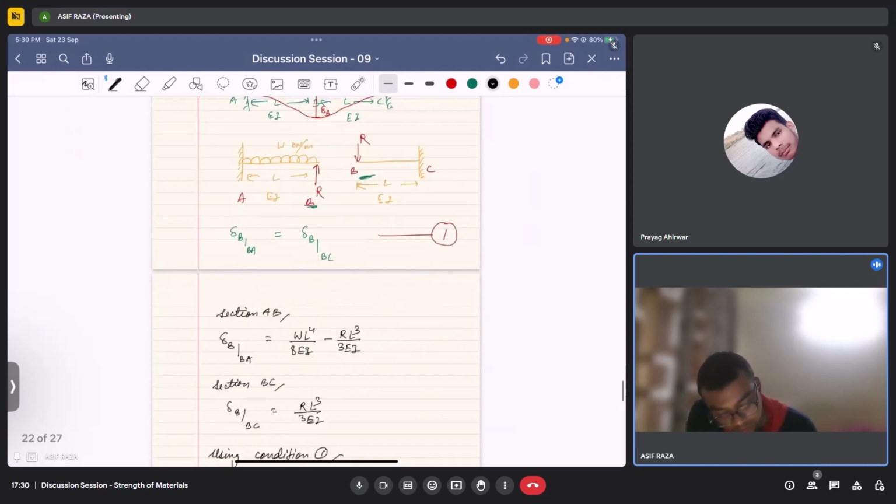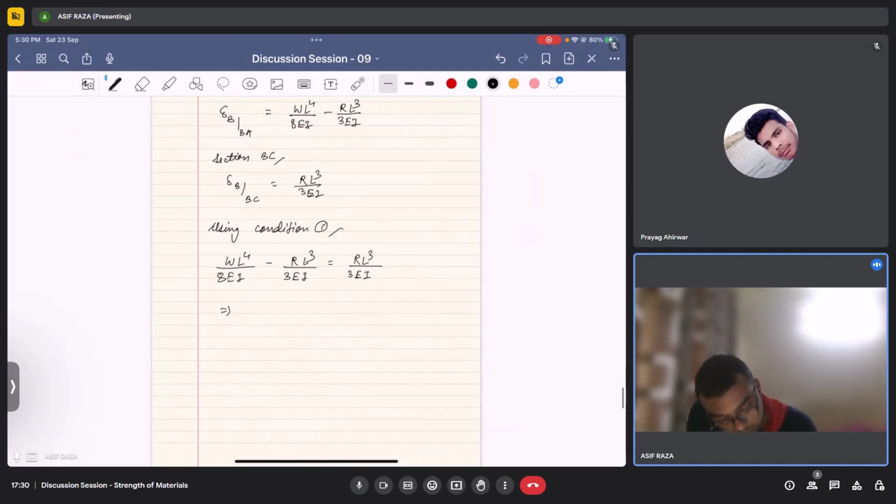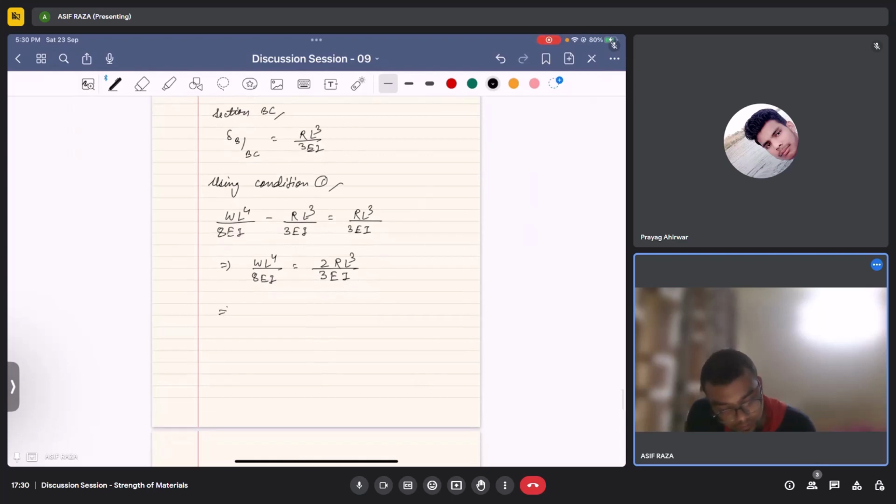Yeah, so this would be equal to WL^4 by 8EI, and this would be 2RL^3 by 3EI. EI cancels out. L^3 would be this.